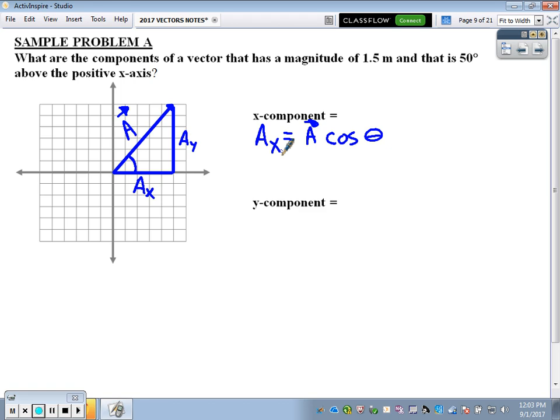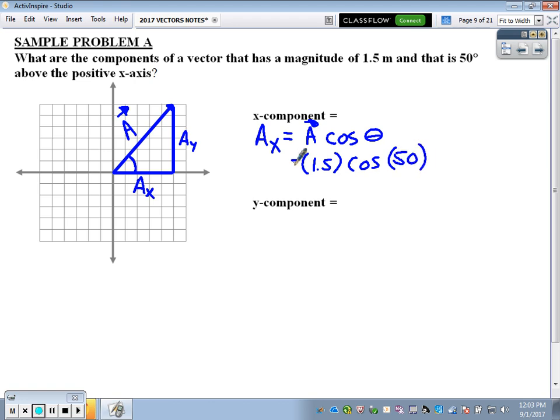Now it should be pretty easy. Do we know the value for vector A? What's the value? 1.5. At this point, please do not put your substitution in with units. Okay? The units do not go in the substitution. I know chemistry probably drilled that into you. We're not going to do that in the context of physics. 1.5 times the cosine of what angle? Okay? 50.